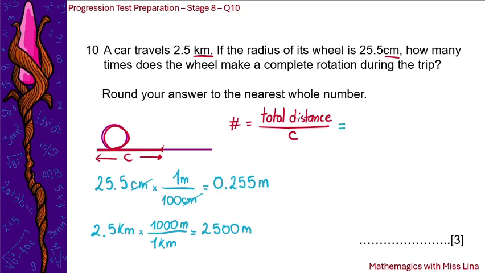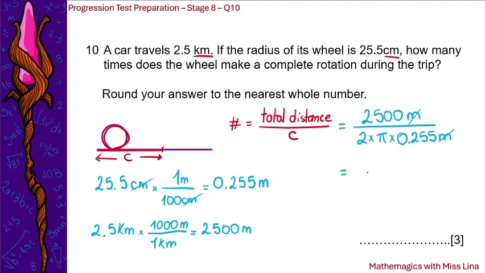So we want to calculate the total distance, 2,500 meters, divided by 2 times pi times 0.255 meters. Meters with meters cancel out, and the result is going to be a number without units.